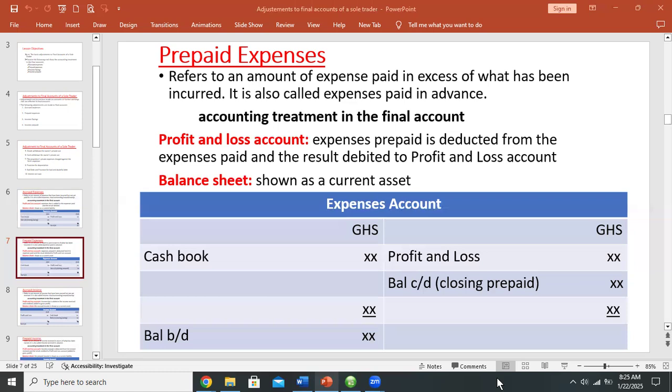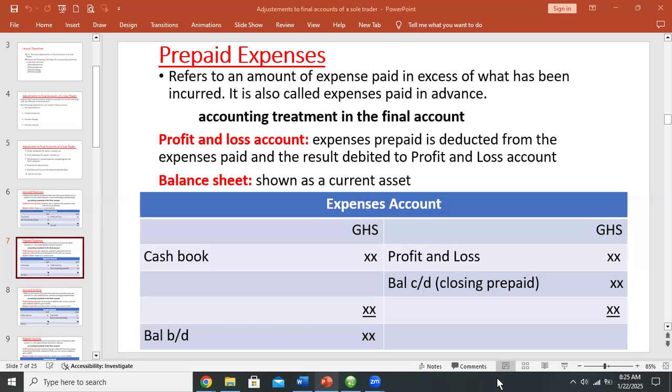Okay. The prepaid expenses, it says that it refers to an amount of expense paid in excess of what has been incurred. So let's say, for example, you deal in cars or something, and then you buy this Range Rover and it's 20,000, but then you gave your dealer 25,000.